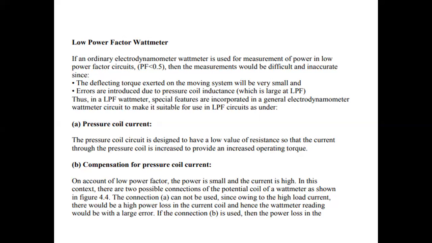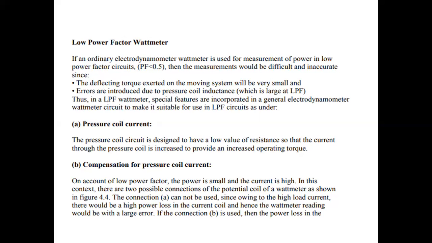Means for making the low power factor wattmeter, the value of pressure coil resistance should be decreased. Due to that, a high value of current will pass through the pressure coil, and this increases the deflecting torque, that is, the operating torque.